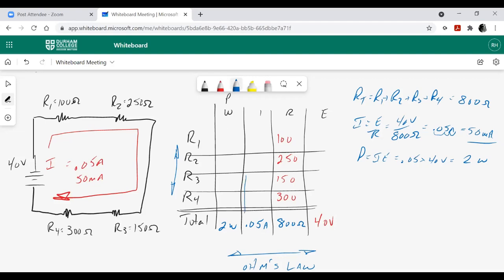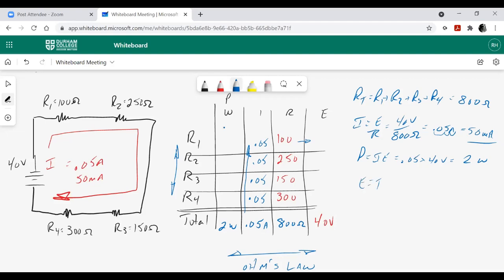So I'm just going to take that number and I'm going to write it in all the way up here. 0.05, 0.05, 0.05, 0.05. Okay. Now the rest is easy. Now I've only got 3 values in my formulas and I've got 2 numbers. So going this way, I can solve for my voltages.